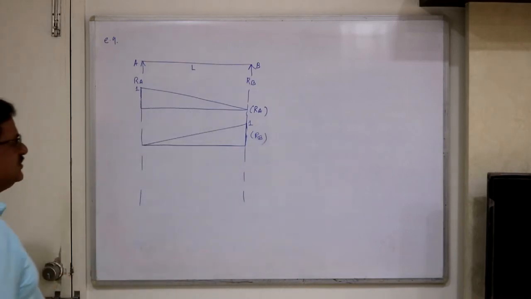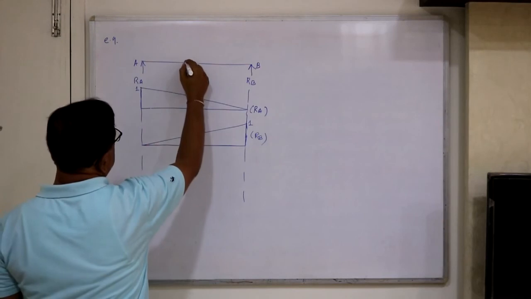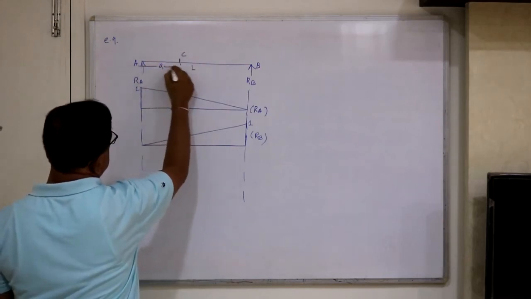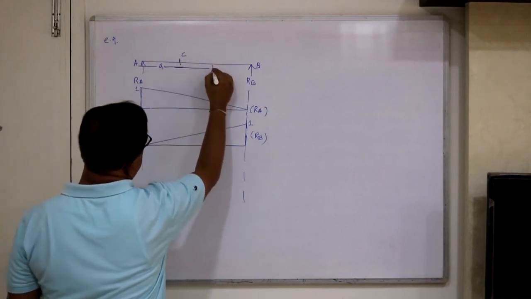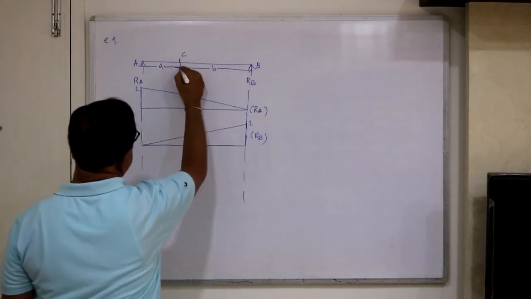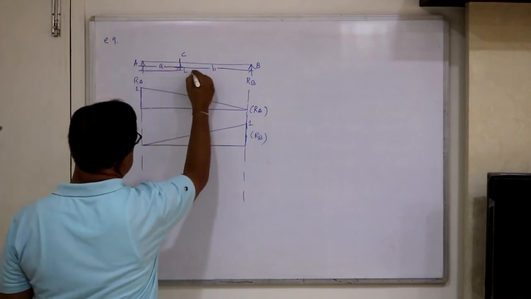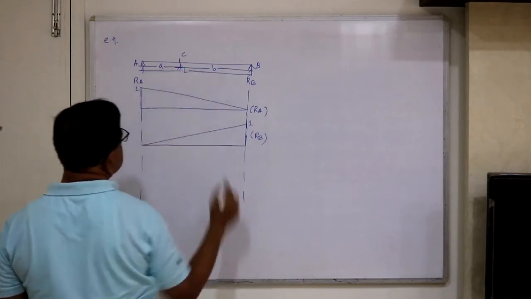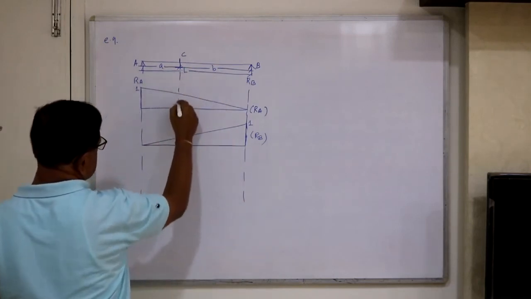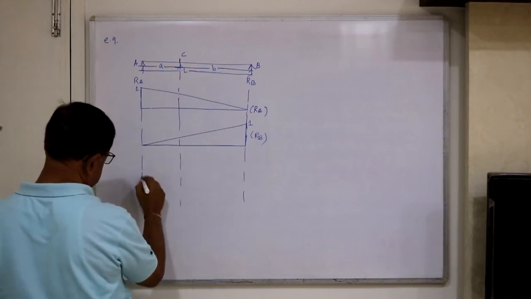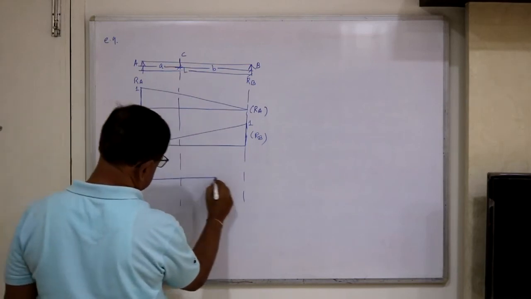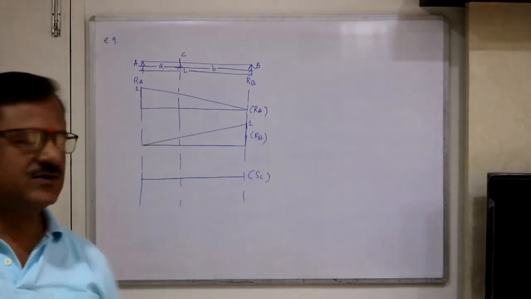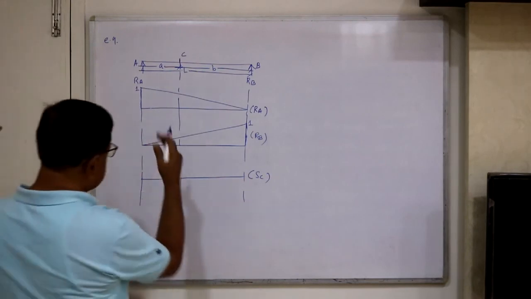Even in the exam, you can use the Muller-Breslau principle. Suppose your section C is here, at distance a from A and distance b from B, and the total span is L. Now the ILD for shear at C. We know that for simply supported, the total shear jump is 1.